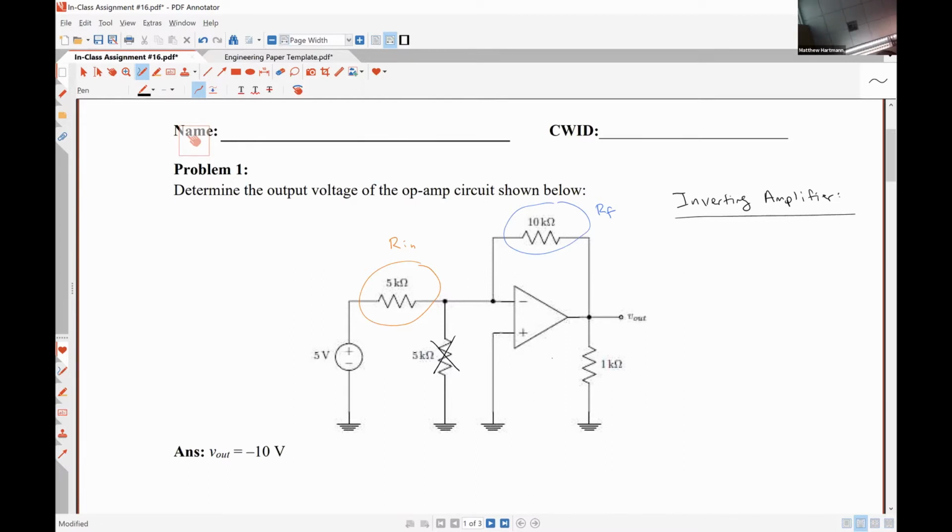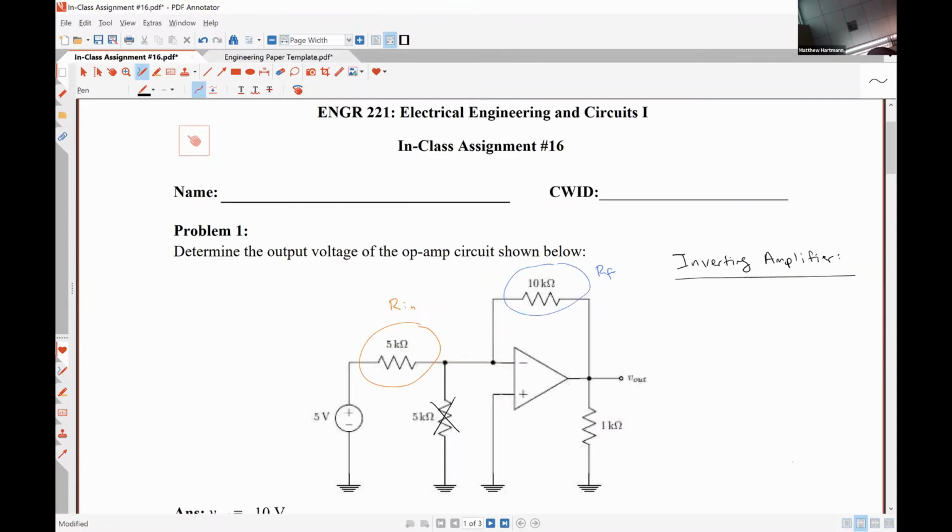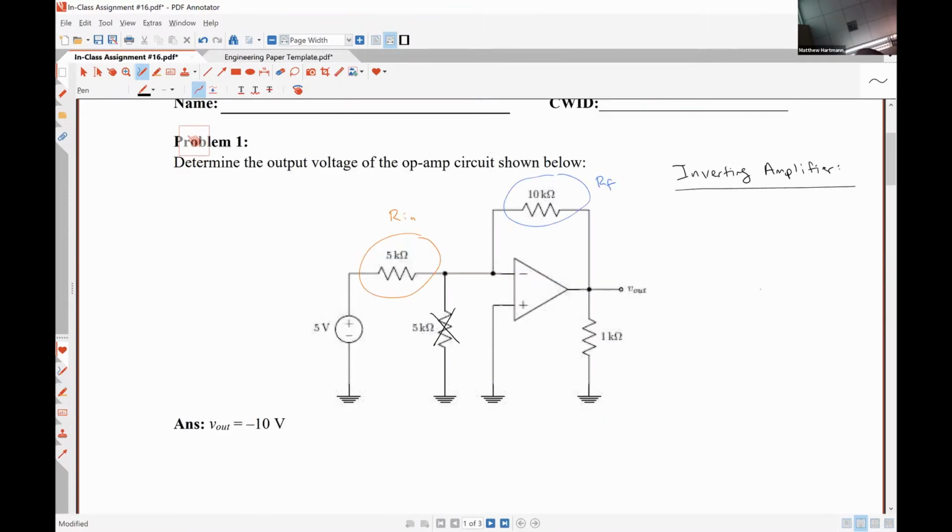For an inverting amplifier, as was covered in the video, we have a voltage gain, AV, which is defined as V out divided by V in, equal to negative the feedback resistance divided by the input resistance.